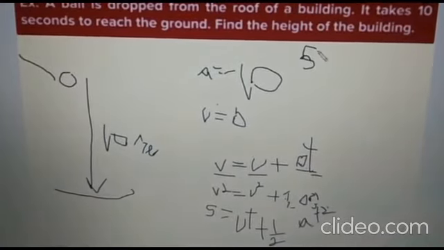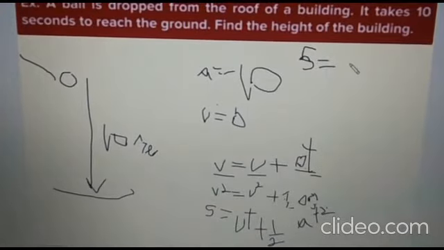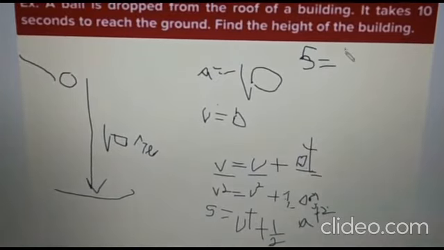The initial velocity u is 0, and multiplied by t it would be 0, so we don't need to write it. The second term is plus half at square. Now we write half.